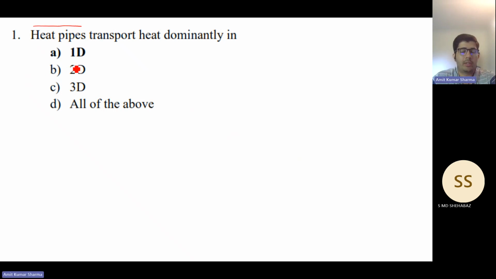Like maximum heat will be transported in which direction. So try to think and answer. Take 2 minutes. And you have to also think about the reasoning. What is the reason?